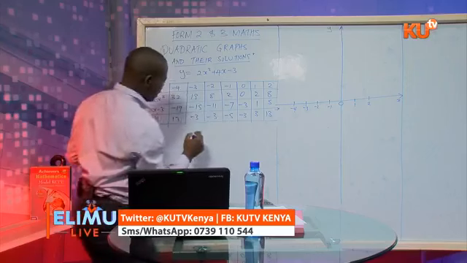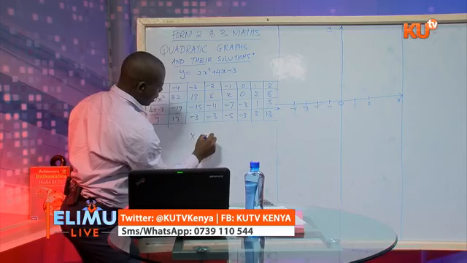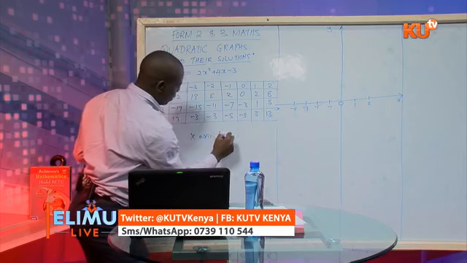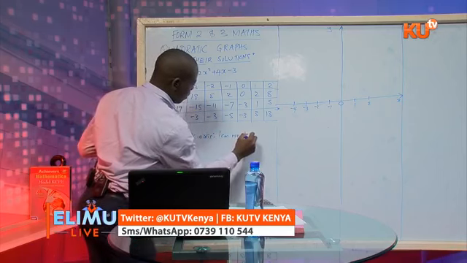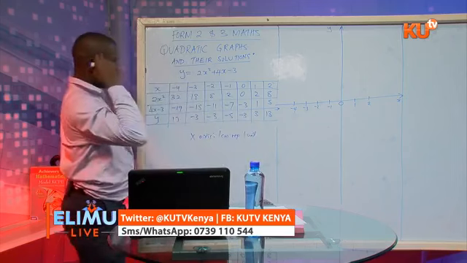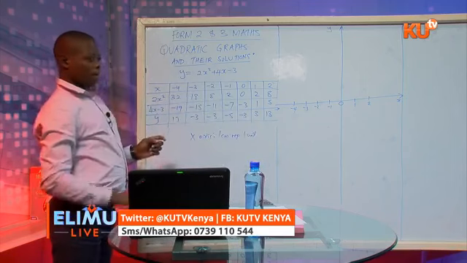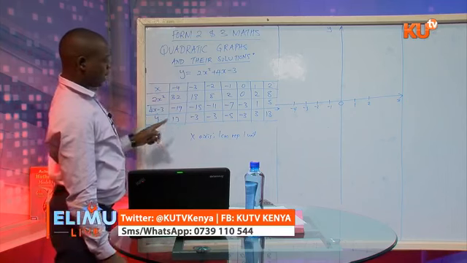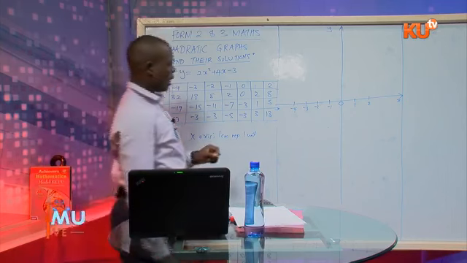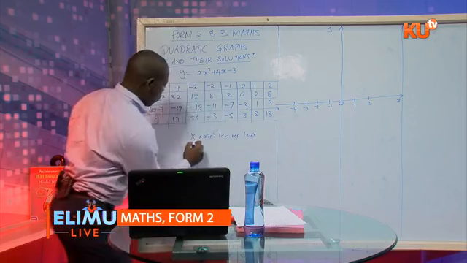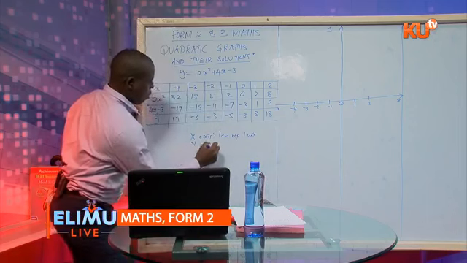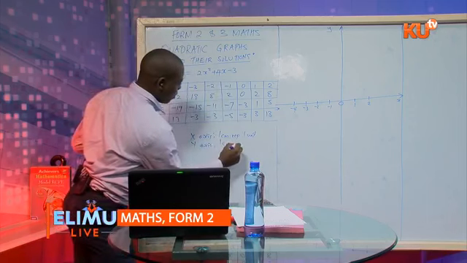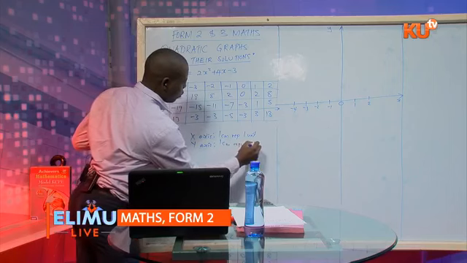So I can say on the x-axis, 1 centimeter represents 1 unit. That is my scale. And then the highest value on the y-axis is 13. So we can say, let's use the scale of y-axis, 1 centimeter to represent 2 units.